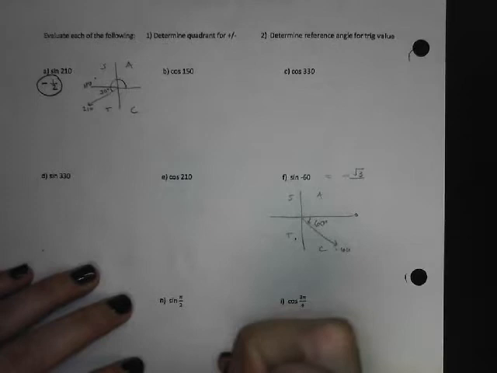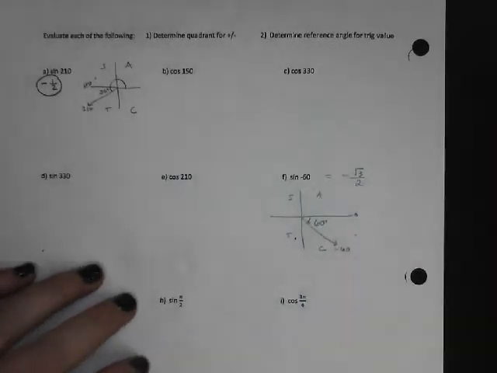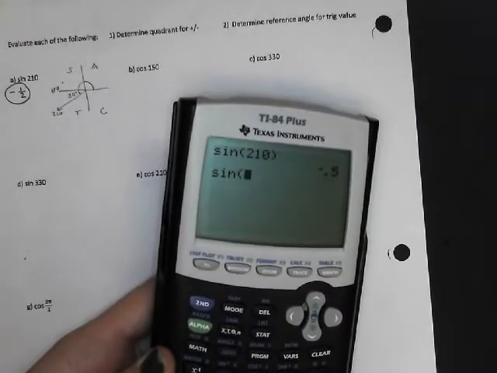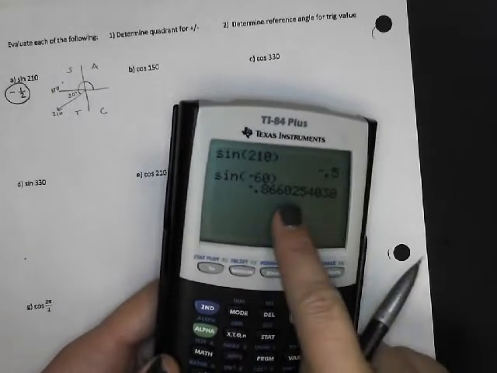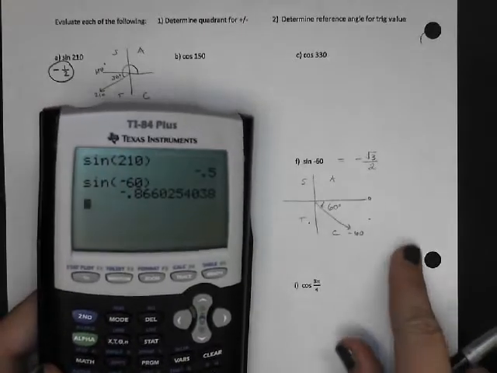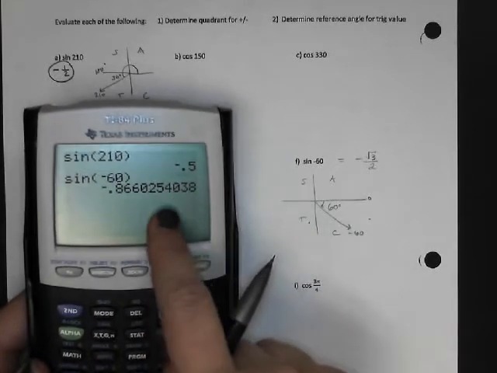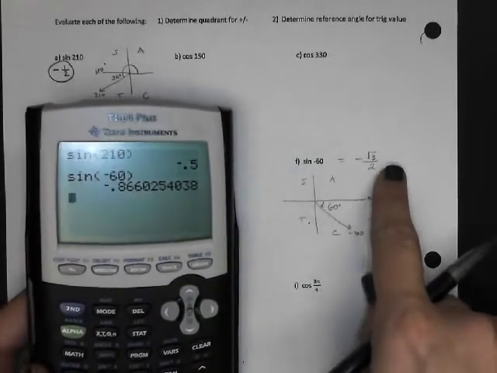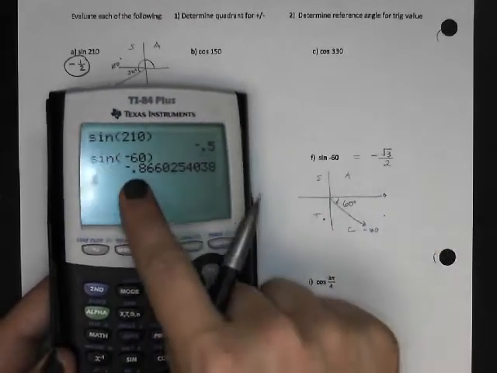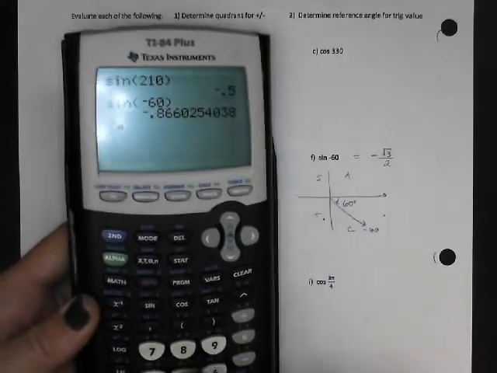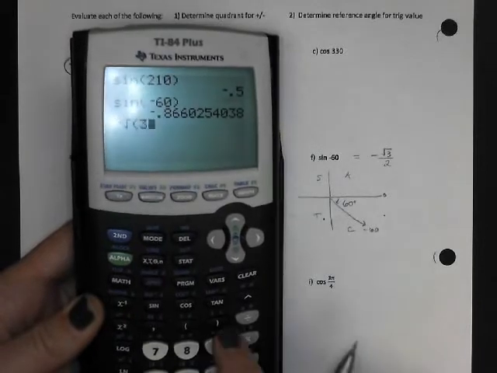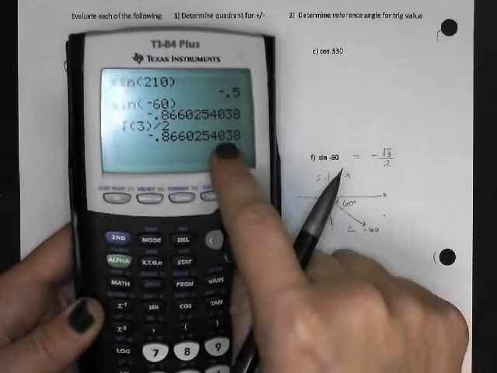That one would be tougher to check on your calculator because the sine of negative 60 is going to give you a very ugly number. If it was open response, it would be tough to figure out what that radical is. That's why you need to know your values. But as far as a multiple choice, if you wanted to check this choice of negative root 3 over 2, you will see the same decimal.